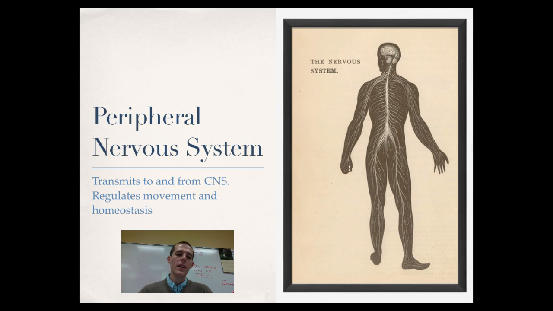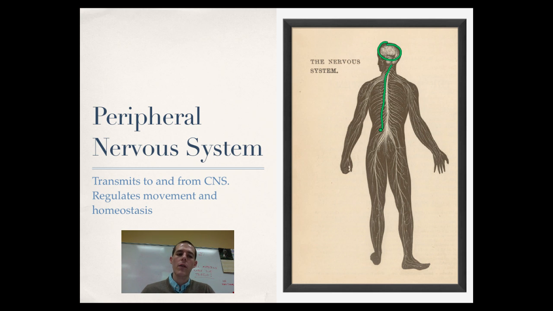Now we also have got the peripheral nervous system, and this is basically the rest of our nervous system. It transmits information to and from the central nervous system, and it's responsible for regulating movement and homeostasis. So we were just talking about the central nervous system, which would consist of the brain right here and the spinal cord.